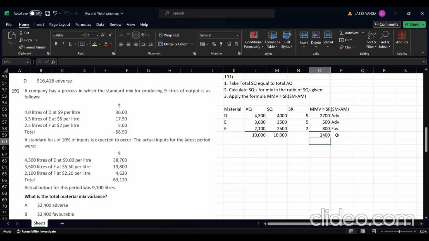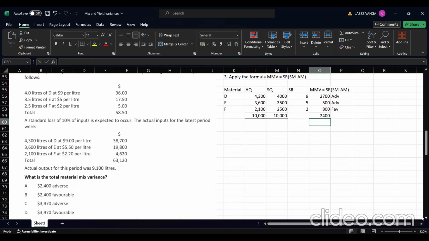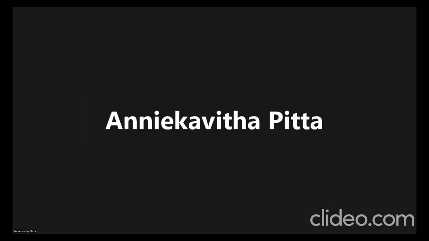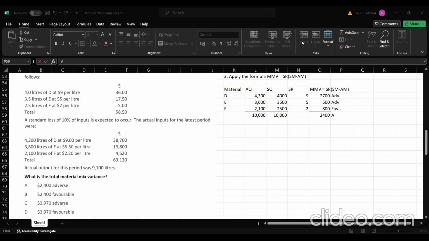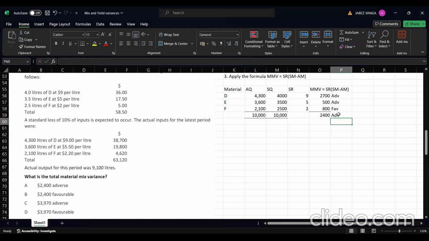That's 2,400. Since the adverse are greater than the favorable ones, overall it is 2,400 adverse.